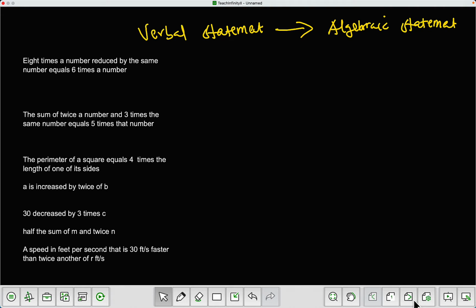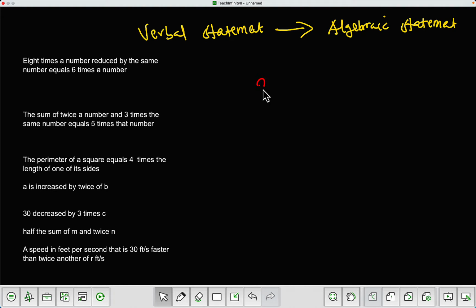The next thing we want to talk about in this arithmetic to algebra series is how to translate verbal statements into algebraic statements. In your arithmetic class, you usually deal with numbers. Even your most complex problem is still in numbers.